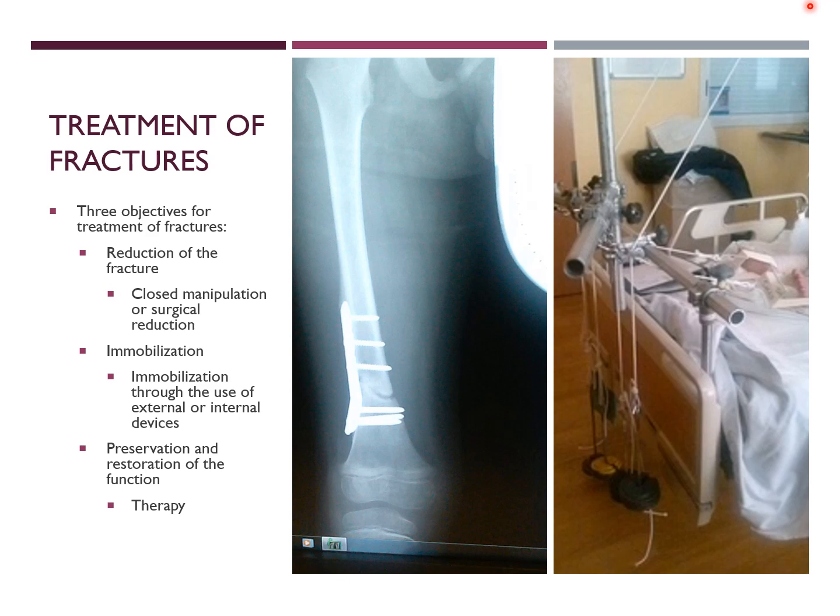We use external devices for immobilization, things like splints and casts or traction or external fixation devices. And we can also use internal devices, internal fixation like plates and screws to hold things together. So you can see in my picture, this is an internal device with a plate and several screws through the bone to bring my two broken segments of that bone back together.